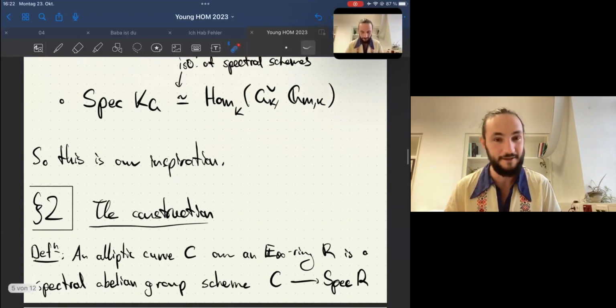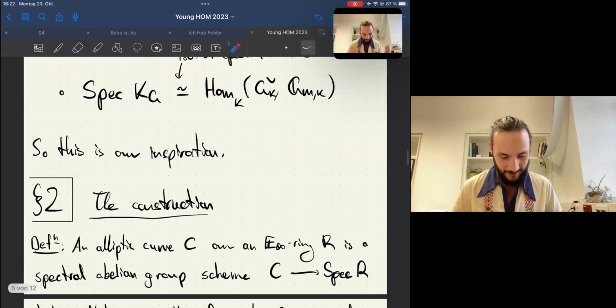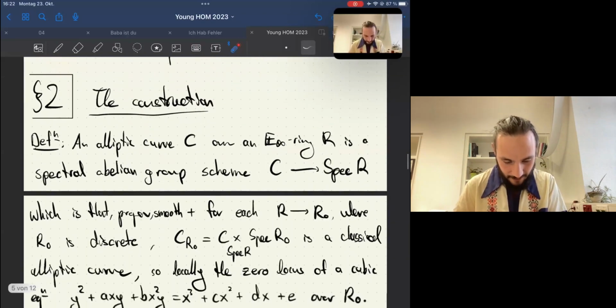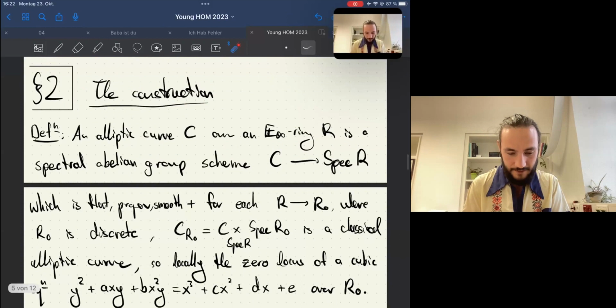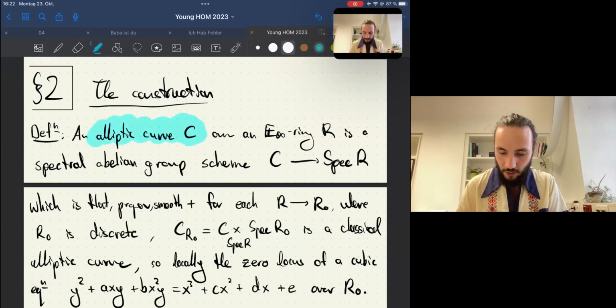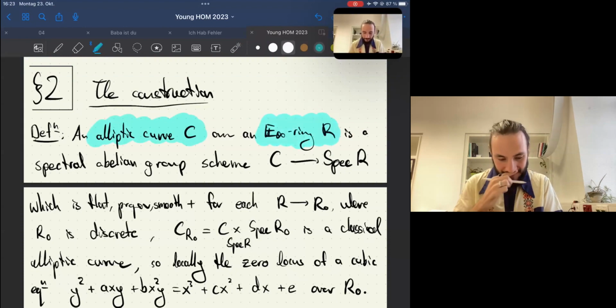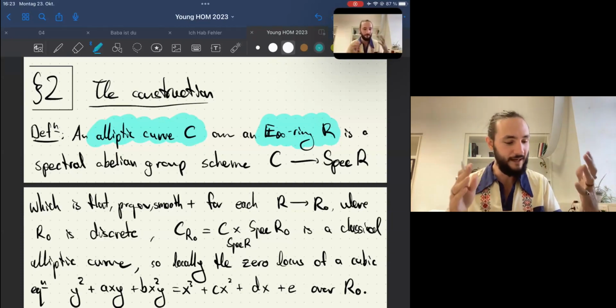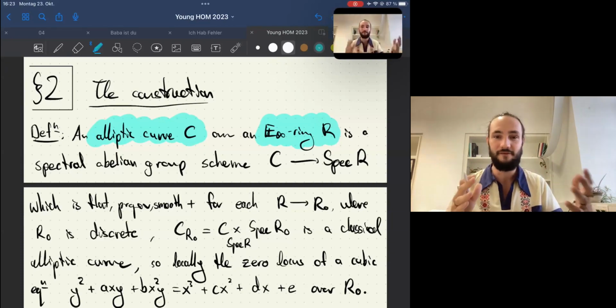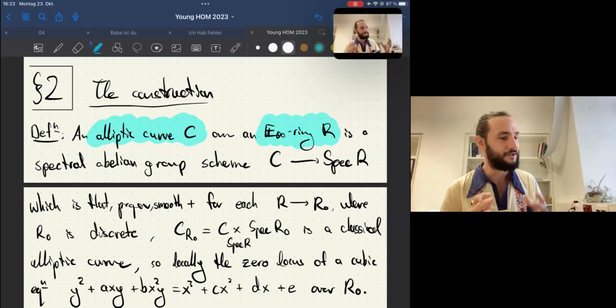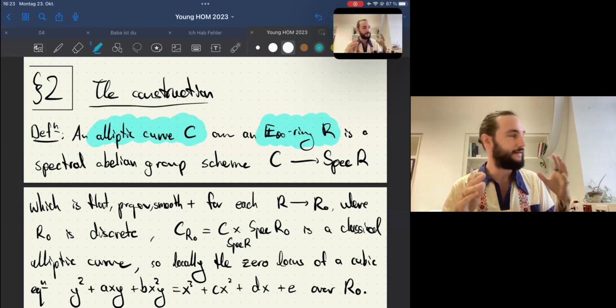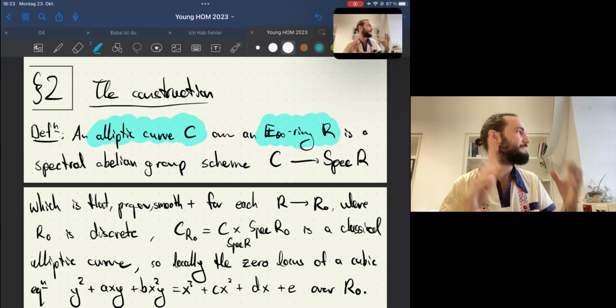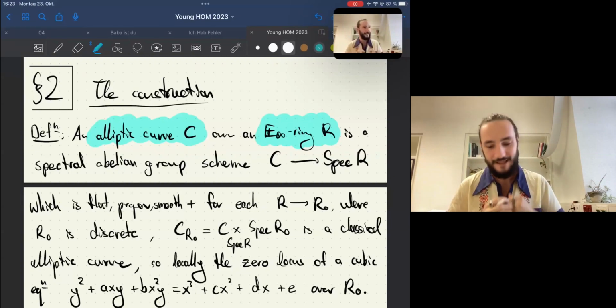I just want to go through what an elliptic curve is quickly, for a homotopy theoretic audience. So we want to work with an elliptic curve C over an E infinity ring R. What is this going to be? Well, we're going to work in spectral algebraic geometry. So we're going to look at regular algebraic geometry where we have commutative rings everywhere, and we have schemes which are topologically ringed spaces which locally look like affine schemes.